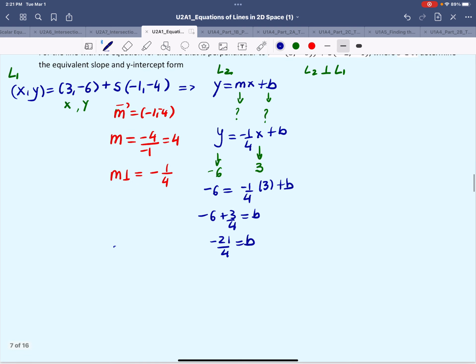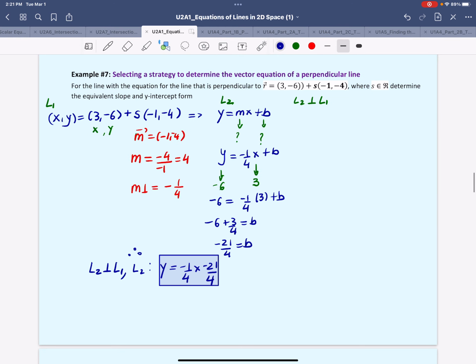Therefore, the line L2 will be perpendicular to line L1, and the equation of the line L2 in y equals mx plus b form, or slope y-intercept form, will be y equals negative 1 over 4 x minus 21 over 4. And this will be the answer to our question.